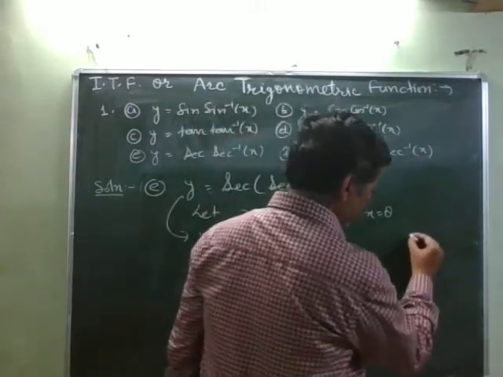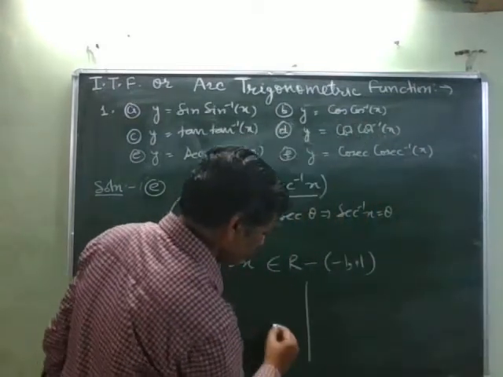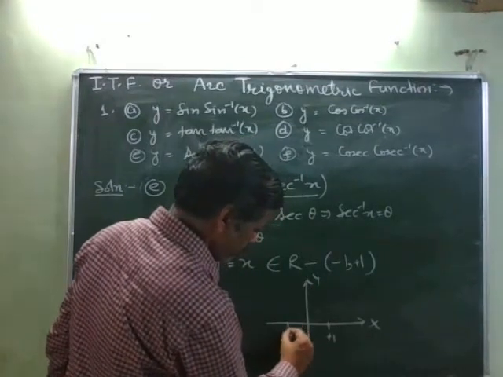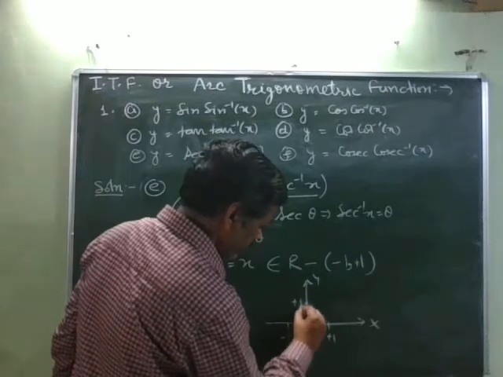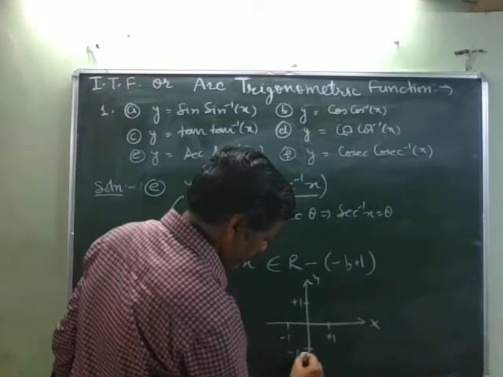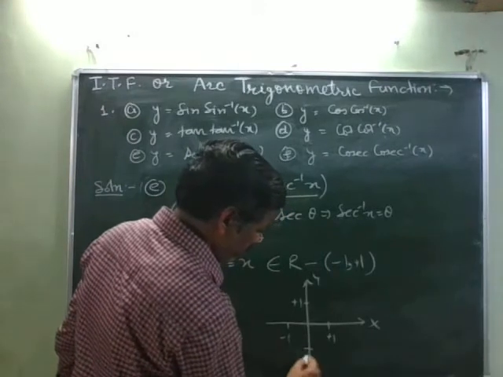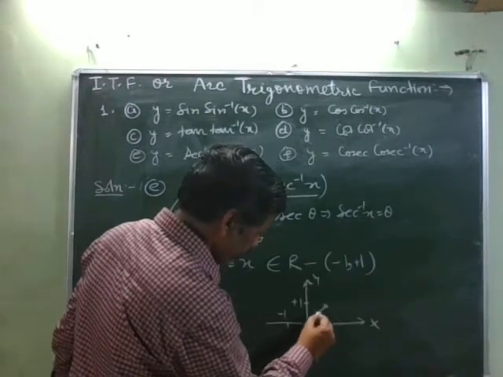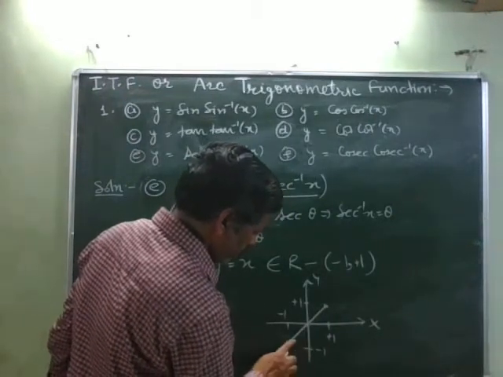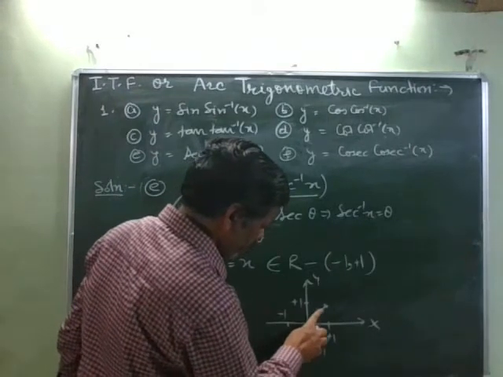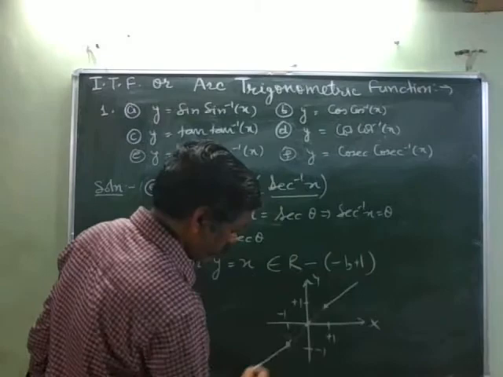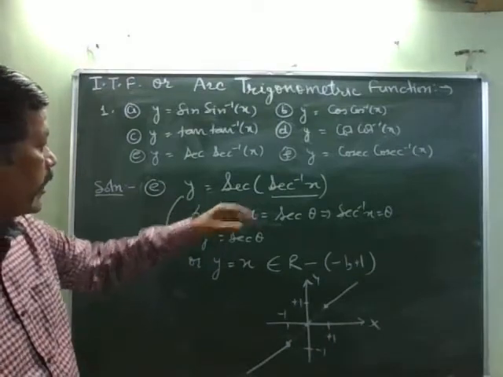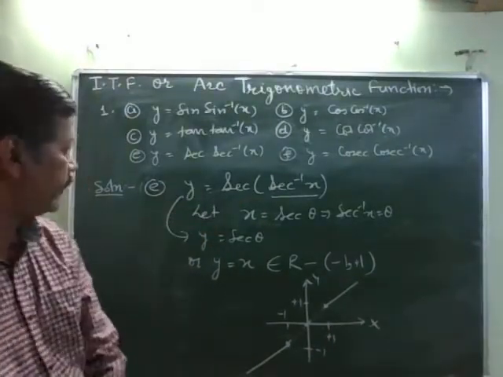If we plot the graph, we will get plus 1, minus 1, plus 1, minus 1. So this point here, draw it. This is a graph for sec inverse x.